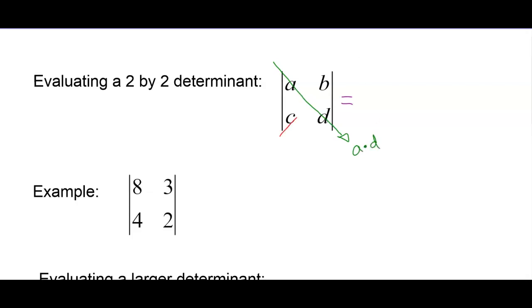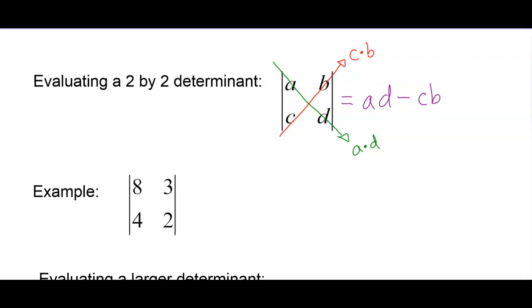And then there's another product where you go in an upward diagonal fashion, and you multiply those 2 numbers together. And the value of the determinant is those 2 products subtracted. It would be better if it was added, I know, but subtracted is what it takes to make a system of equations actually work out properly.